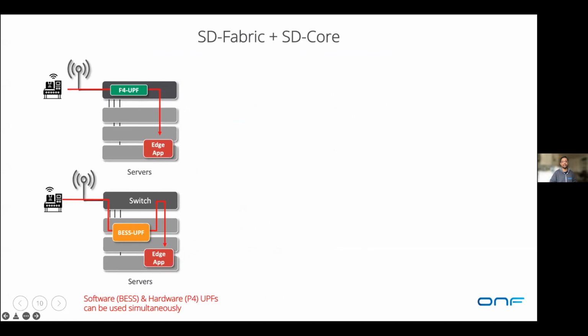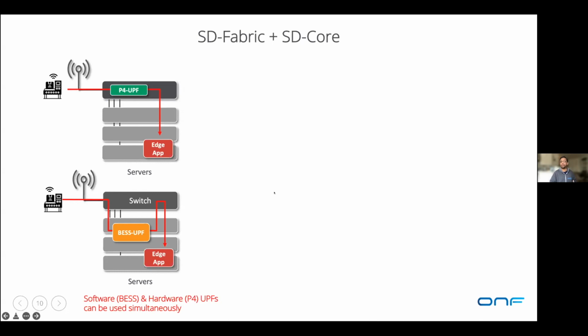Traffic from the base stations for the mobile users can go through the P4 UPF and then to edge applications or onto the internet. Or simultaneously, you can have traffic from other user elements go through the same switch, but instead of a hardware UPF, it can go to a software UPF, which we call the BESS UPF, and then back to the switch and again to the internet or edge applications.